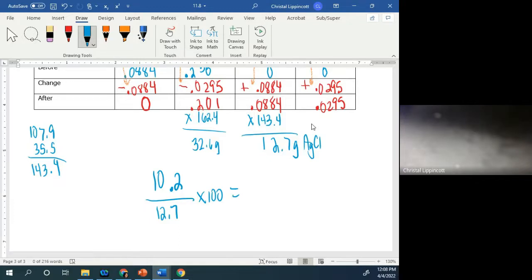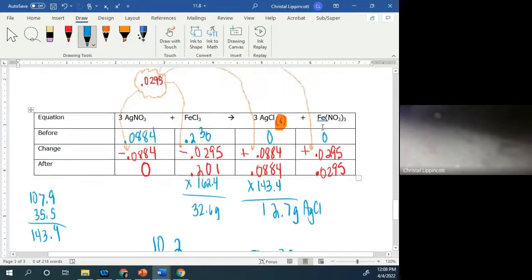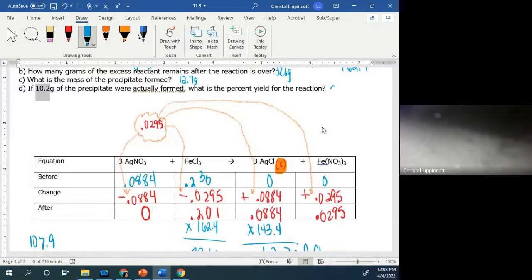And that is 80.3%. And that's how you do a percent yield. Remember I talked to you about my chocolate chip cookies? So this is 80.3%. Okay, questions?